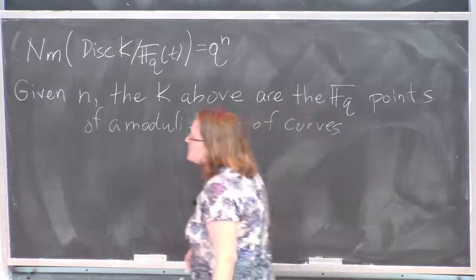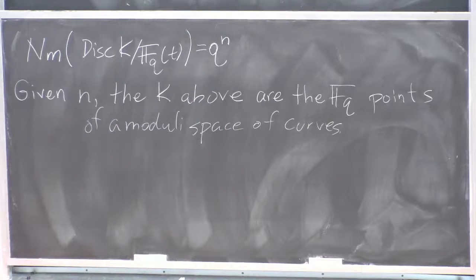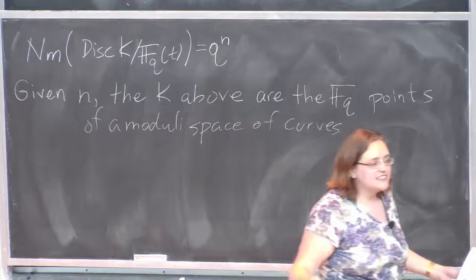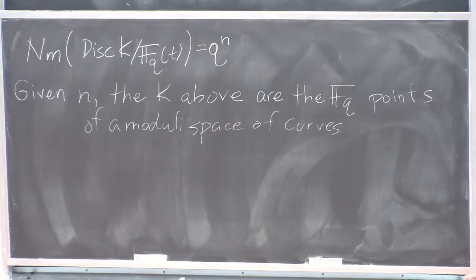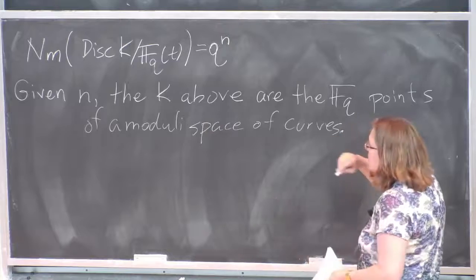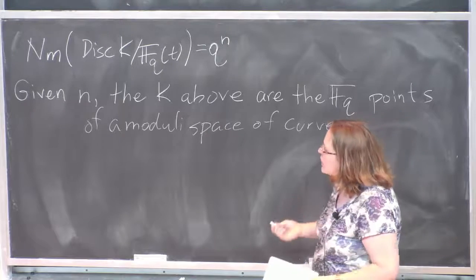So each individual K corresponded to a curve, and one nice thing about a set of curves is that if it's a reasonably natural set, it's not just a set, but it has an algebro-geometric structure. It's actually a moduli space. And so we can put all these K's together somewhere nice where they live together. They live together in this moduli space.